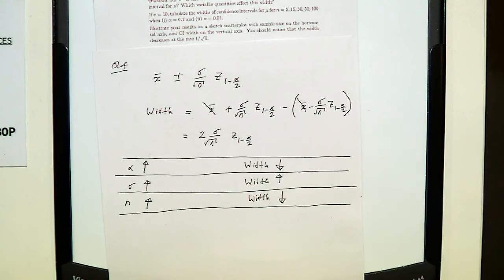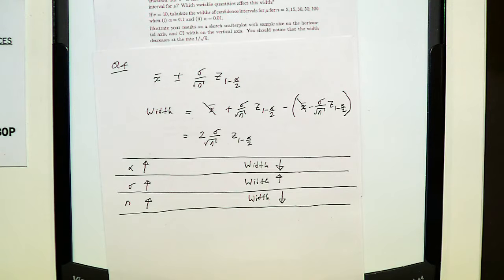So that's what the question is asking you for. It's asking how the three factors, alpha, sigma, and n, affect the width of the confidence interval. So the answer is this: the width decreases with increasing alpha, increases with increasing sigma, and decreases with increasing n. Right?